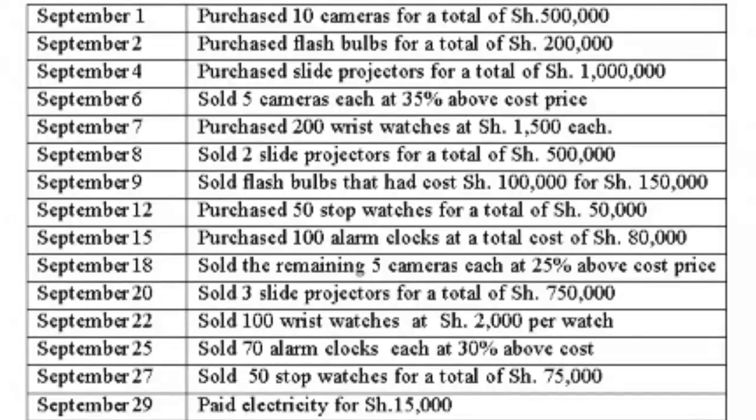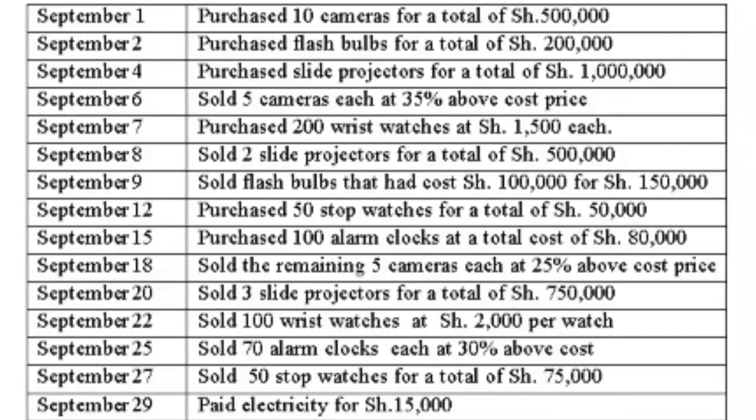On the 7th, purchased 200 wristwatches at 1,500 each. We need to know how much we paid that day. So 200 wristwatches times 1,500 shillings each gives us 300,000.